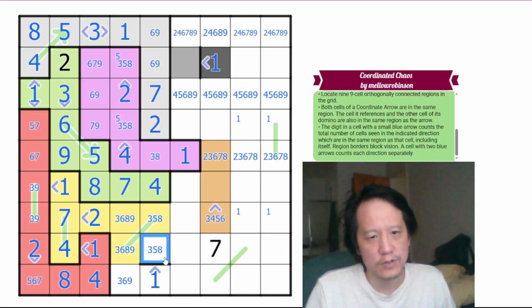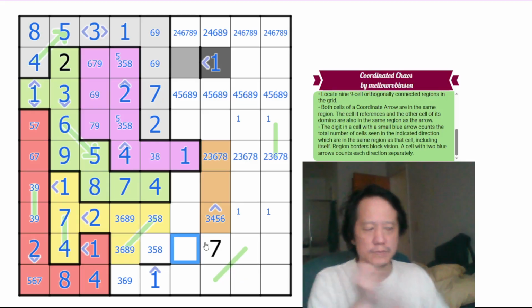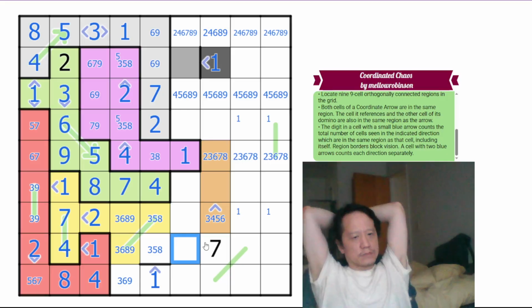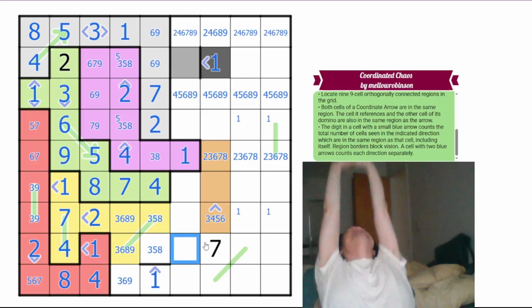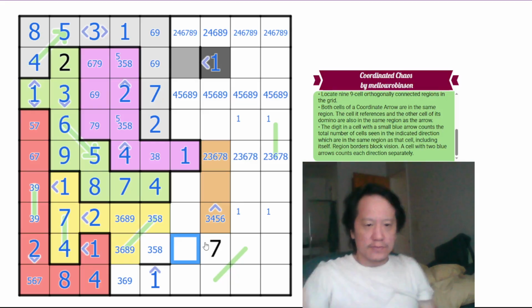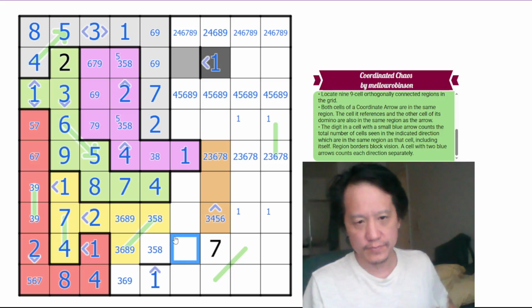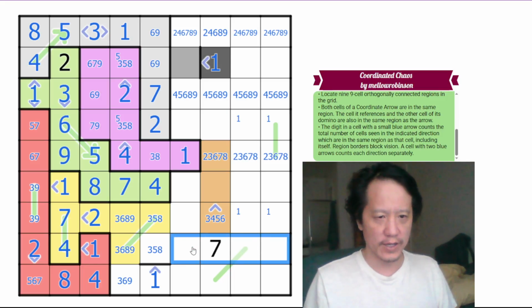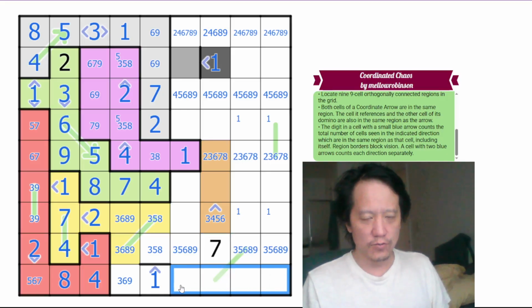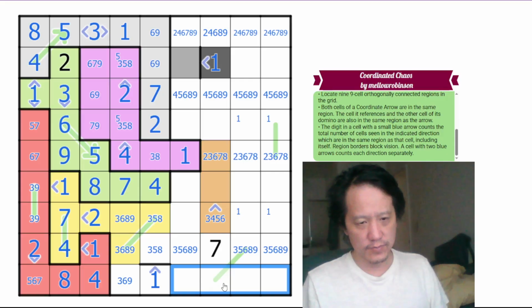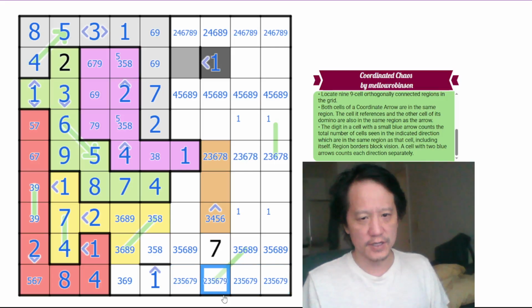We don't know, though. Rest of row 8 is 3, 5, 6, 8, and 9. Rest of row 9 is 2, 3, 5, 6, 7, 9. And this can't be 7 because of the 7 in the column.